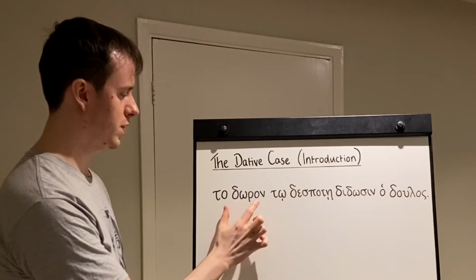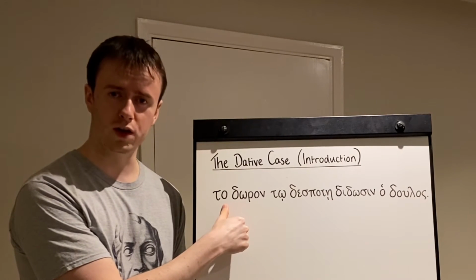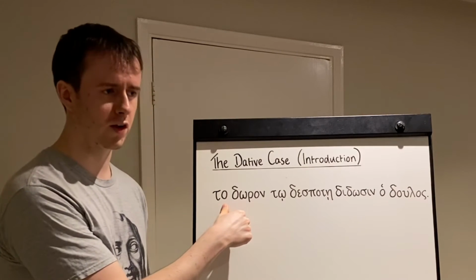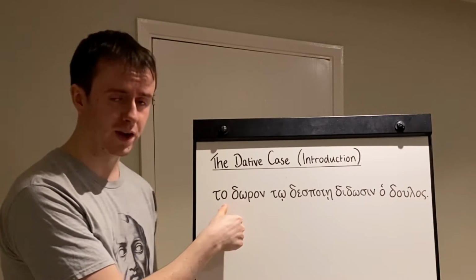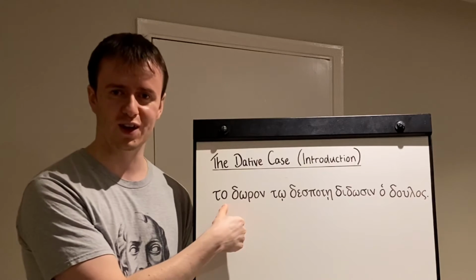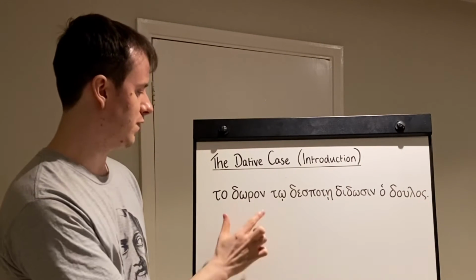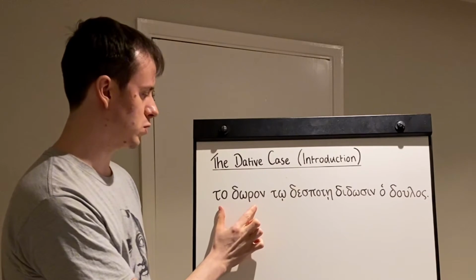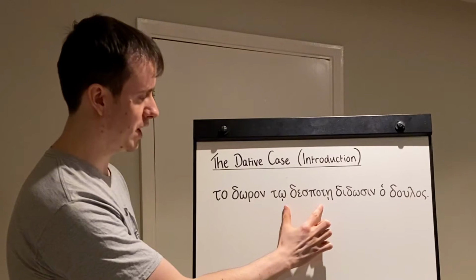So to start with, to doron: to could be either nominative or accusative. We're not sure until we've looked at the rest of the sentence, because to is used in the neuter nominative singular form and the neuter accusative singular form. And so we need to look at the rest of the sentence to figure out which case to doron is in.